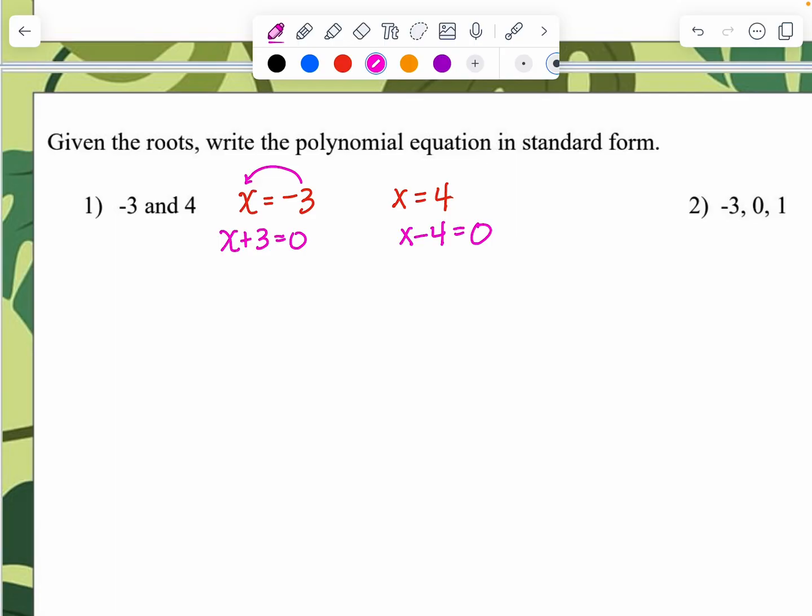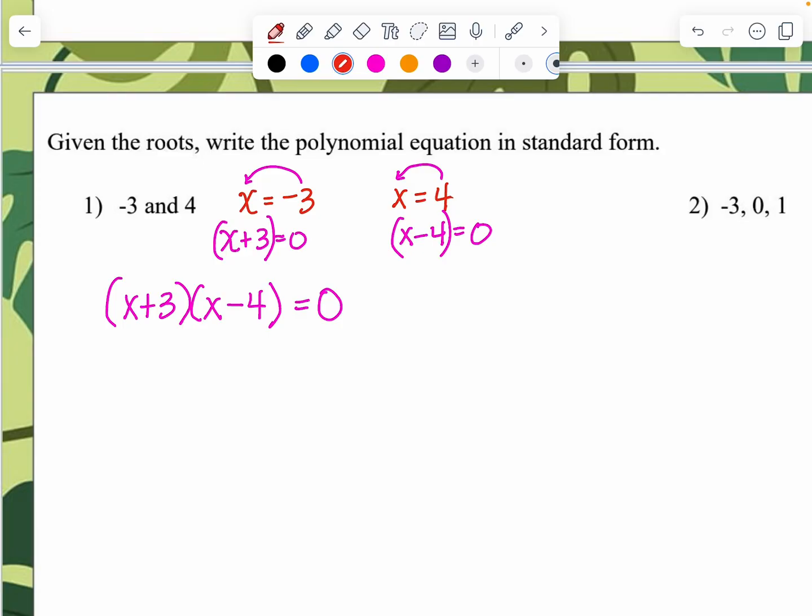Either way, I'm going to end up with the same answer. So if you bring a number across the equal sign, you have to change it to its opposite. So now I have my factors, x plus 3 and x minus 4. So I'm going to go ahead and write those as factors, x plus 3 times x minus 4. And I need to set that equal to 0. It's an equation now, it's a function.